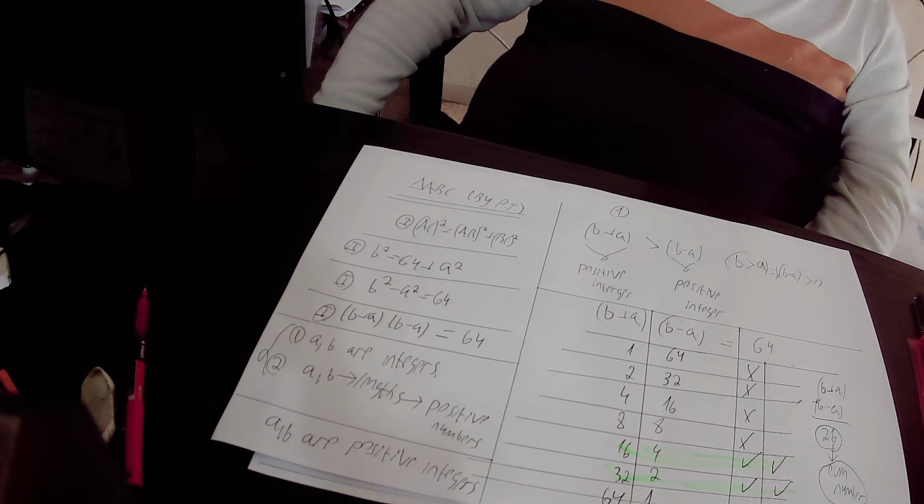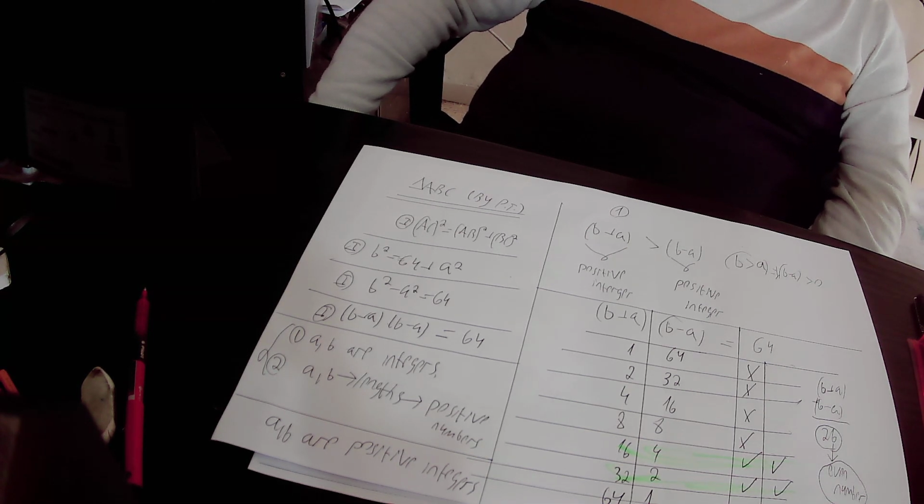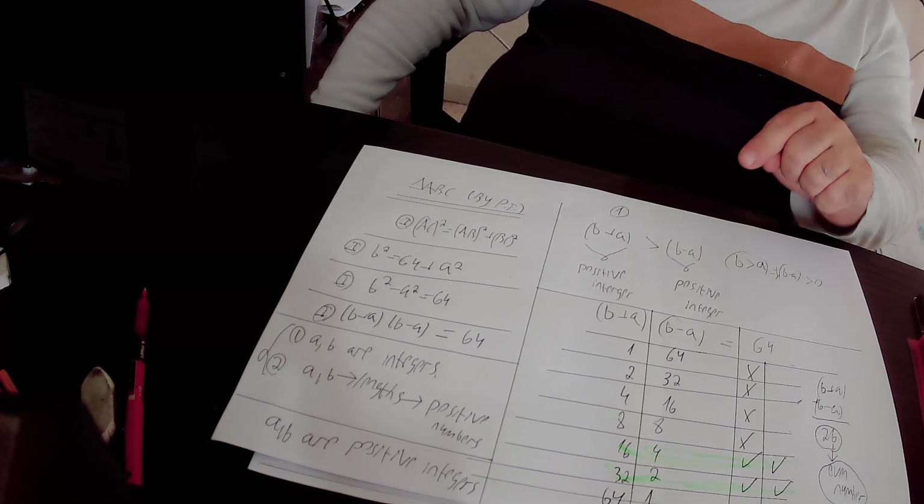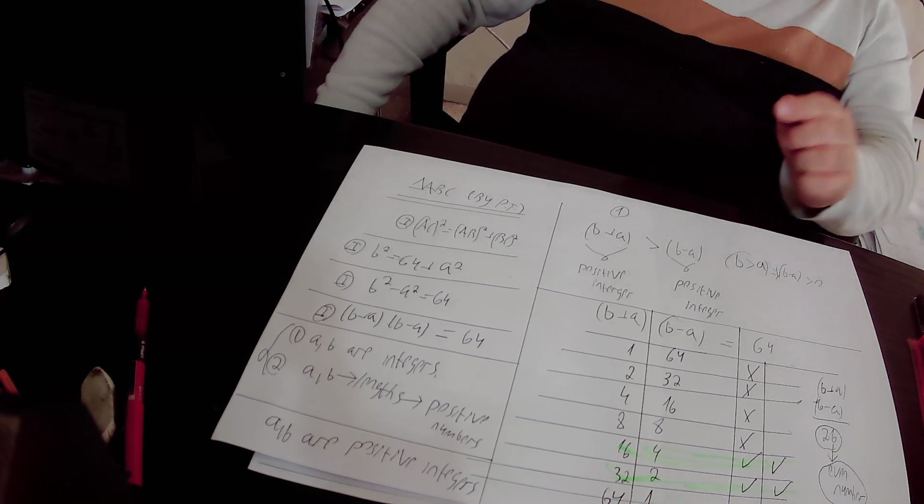But we know that b and a are positive integers, so when we subtract one from the other, b minus a, if it is not negative, it must be a positive integer. So in conclusion, b minus a is also a positive integer.